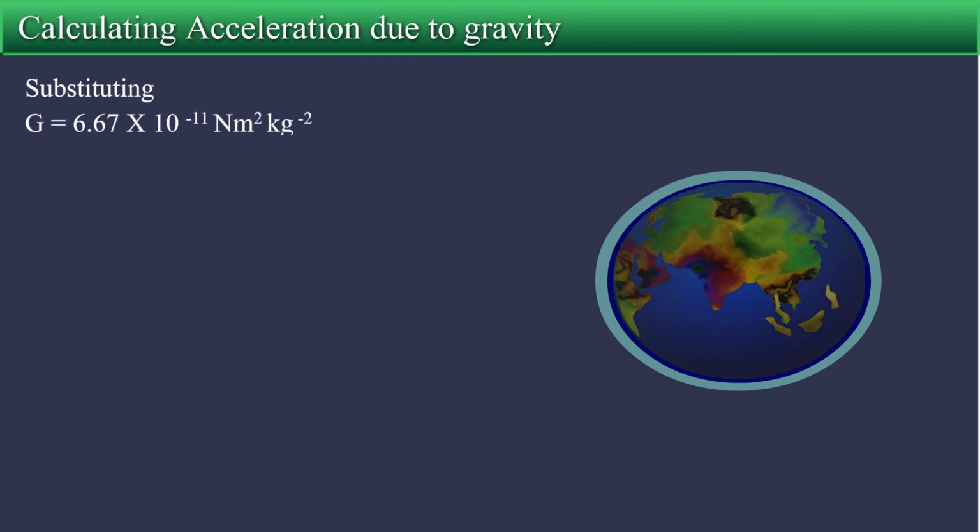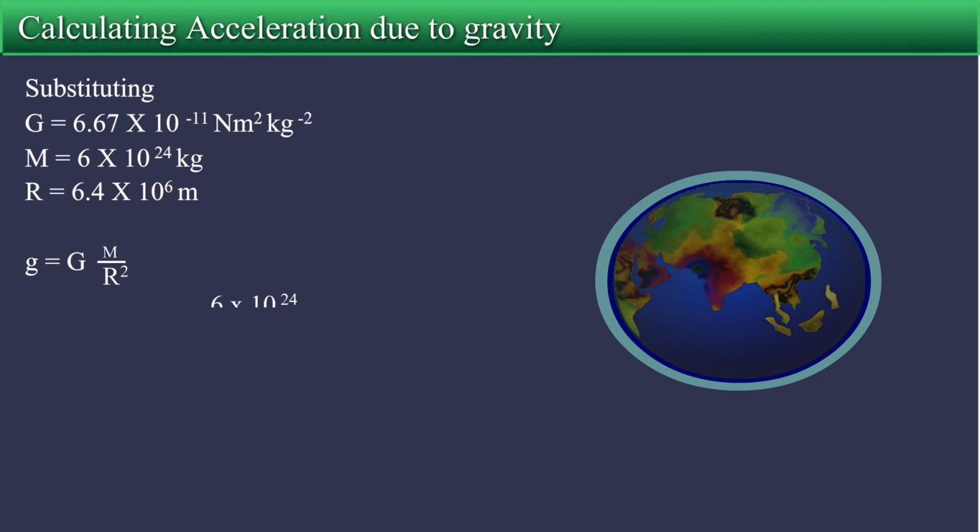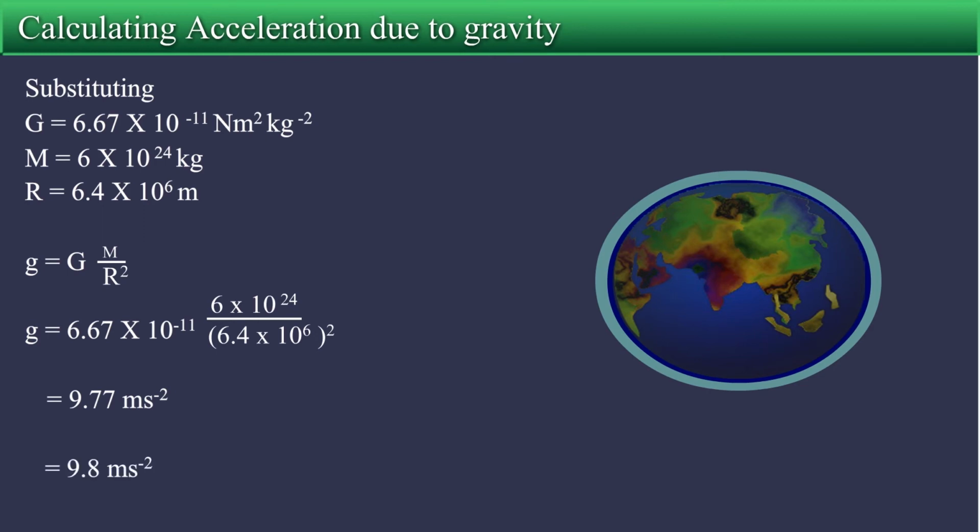To calculate acceleration due to gravity, we need to substitute the value of G, mass of the Earth, and radius of the Earth. Upon substitution, we get the value of acceleration due to gravity of the Earth as 9.8 meter per second square.